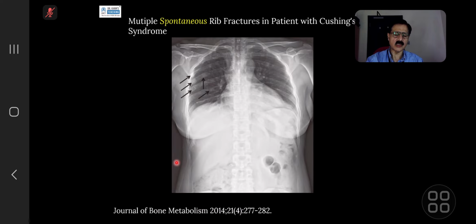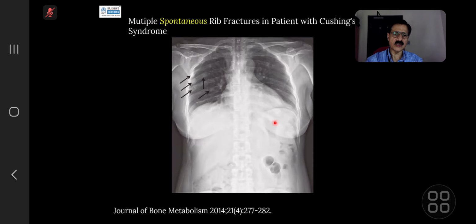with no history of trauma. Look at this case from literature: multiple spontaneous rib fractures in a patient with Cushing syndrome. So here you can see spontaneous, but in a long case, suppose this chest X-ray is there and a pituitary microadenoma on an MR is there, and you will be worried, how can I correlate the two?